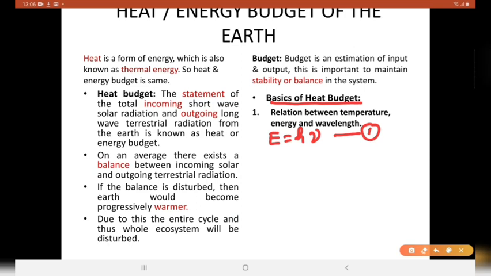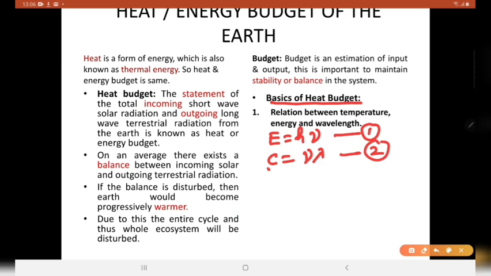Now, we also know that there is a relation between frequency, wavelength and speed of light, and this relation is c = νλ. This is equation 2. Here c is the speed of light, which is constant. The value of c is 3 × 10^8 meters per second. ν is frequency, λ is wavelength.